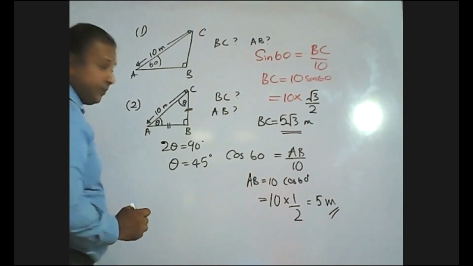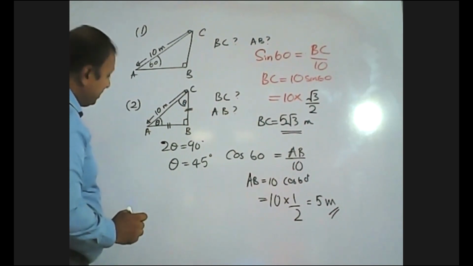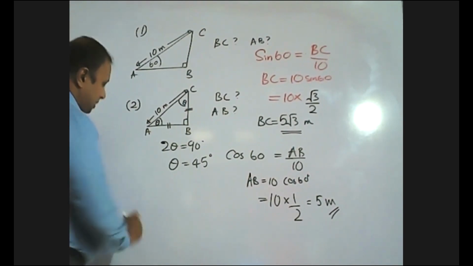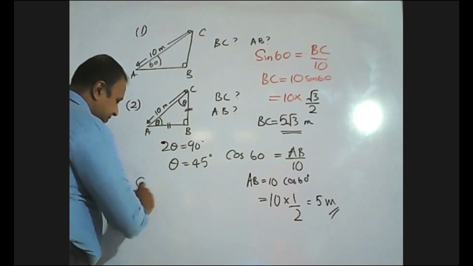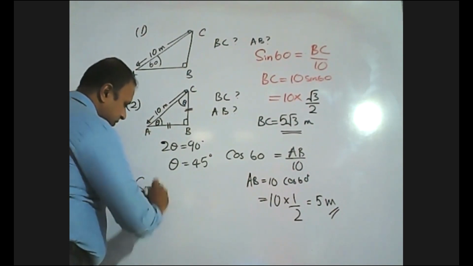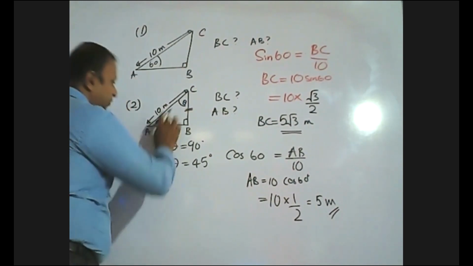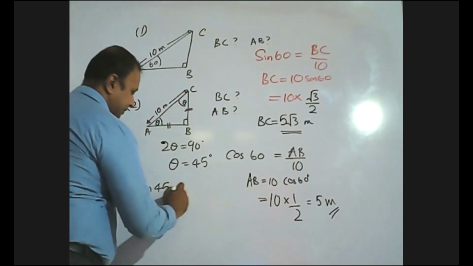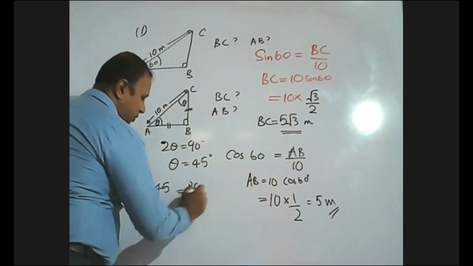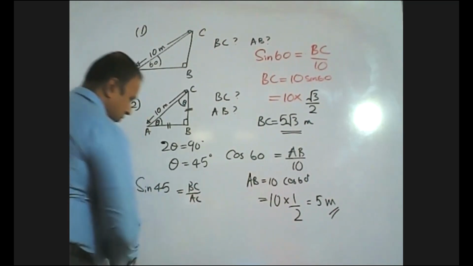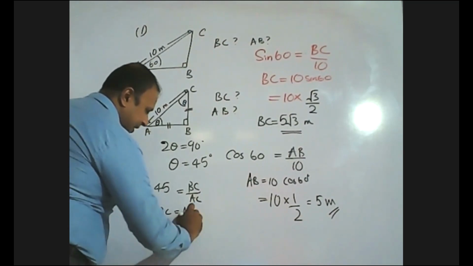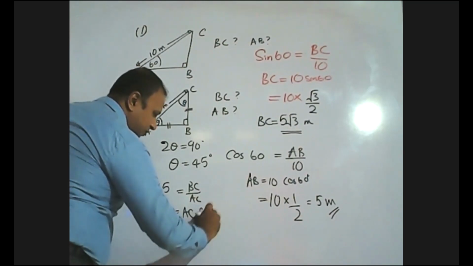Then I can write the equation to find AB and BC. Sine 45 is BC over AC. So BC is equal to AC into sine 45.